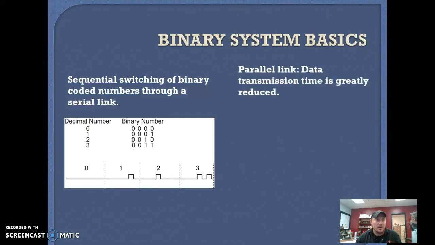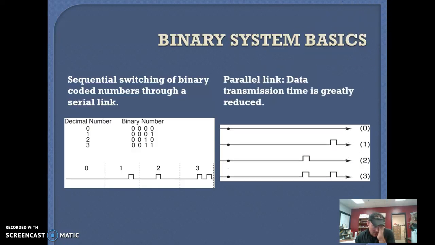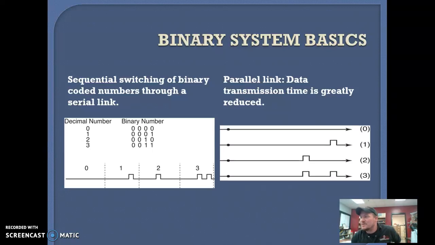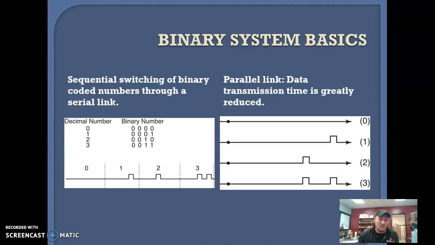All right, so binary system. The original binary system, the original communications, the nice and slow communications, right? You guys remember the computers way back in the day. Well, this is even a little bit back before that. We're talking, it took hours to just turn on the computer, much less actually bring up any type of page. This is the original binary system.